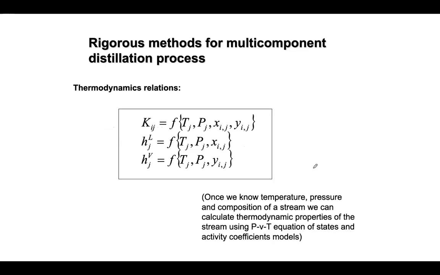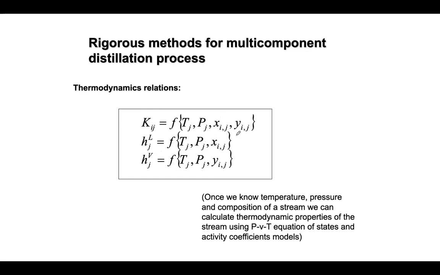And for the thermodynamic relation, we have the K value as a function of temperature Tj, pressure in stage j, xij, and also yij. In the thermodynamic relation we also know that the enthalpy is a function of temperature, pressure, and xi, and the enthalpy in the vapor phase is also a function of temperature, pressure, and the mole fraction of vapor.